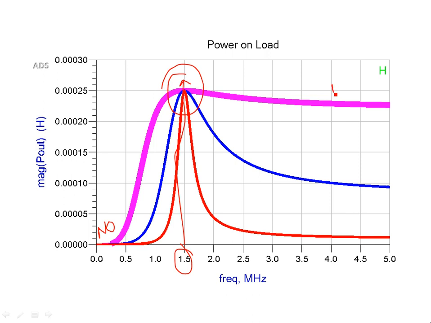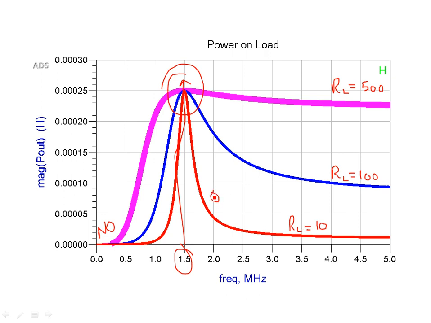But as your load resistance is being increased, this is 500 ohms. Since the load resistance is increasing, the power is increasing. This is at 100 ohms. In all three cases there is a mismatch, but the mismatch is also reducing if you're looking at the above curves, the blue one and the pink one. So this is 10 ohms.